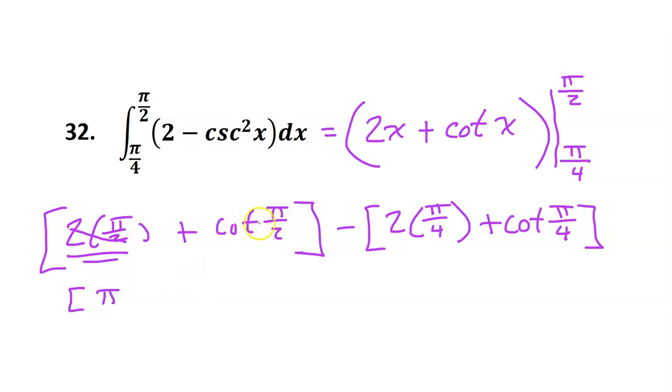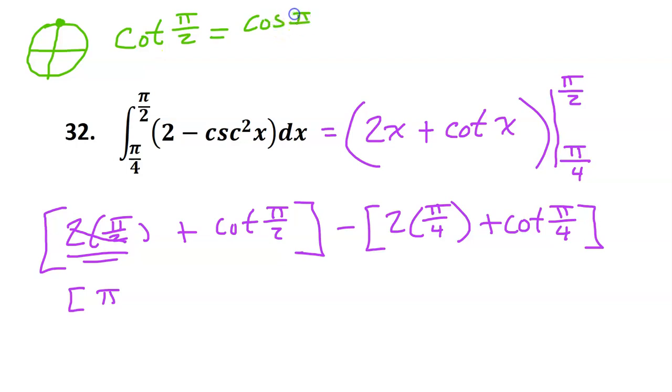What about cotangent of pi over 2? Let's sort of think that through off to the side. Pi over 2 is sitting up here at the top of the unit circle. So we want to know what is the cotangent of pi over 2. So your thought process should be cotangent is cosine over sine.